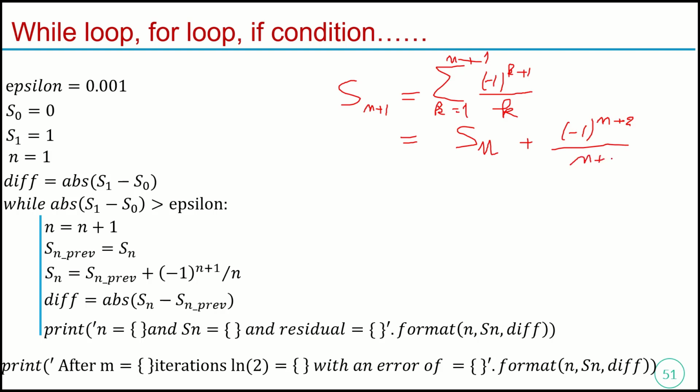Or you can write it in a different way: S_n is equal to S_{n-1} plus (-1)^(n+1) divided by n. It's a recurrent process.